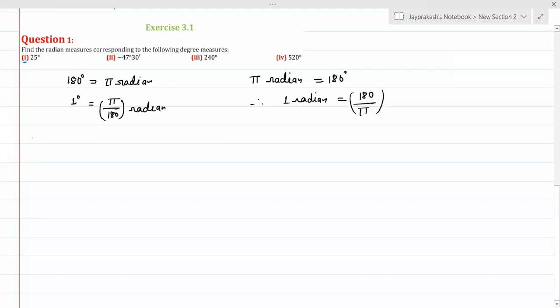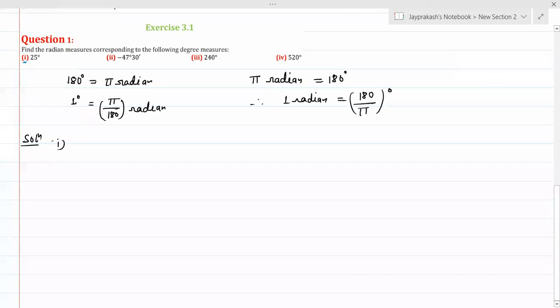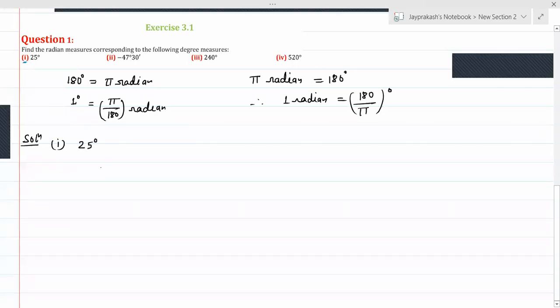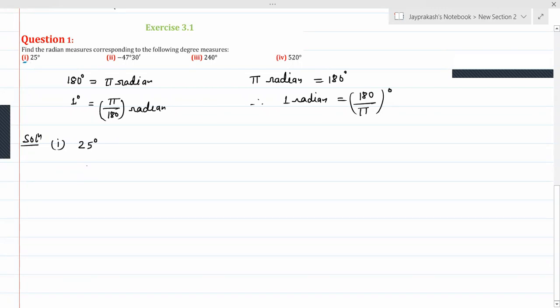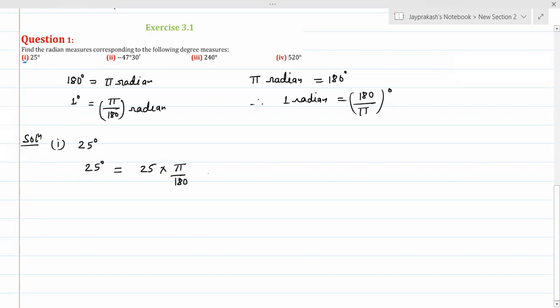Now, if we take the first question of exercise 3.1, that is 25 degree, and we need to change 25 degree to radian. So simply in the solution, we will multiply 25 degree by pi by 180. That means 25 into pi by 180.